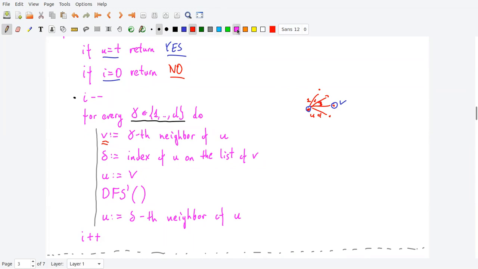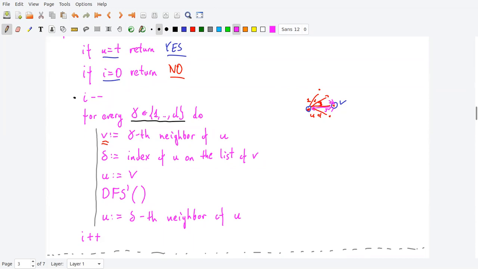But if I'm going back from v to u, I need to somehow remember the return address. So v also has its adjacency list, and u is among the neighbors of v, so there is some index, say index 5, such that u is the fifth vertex on the list of v.